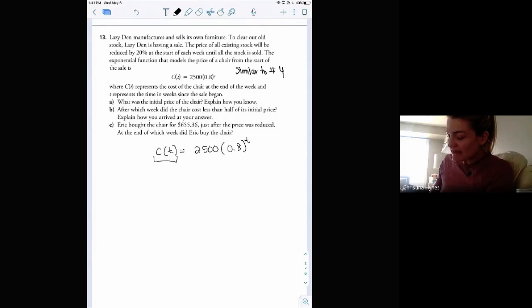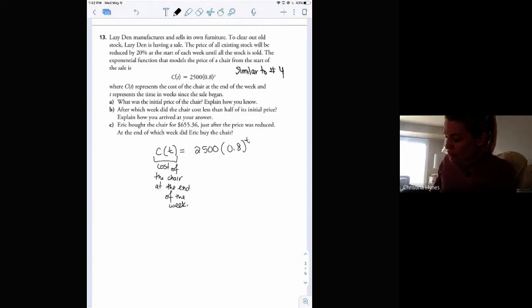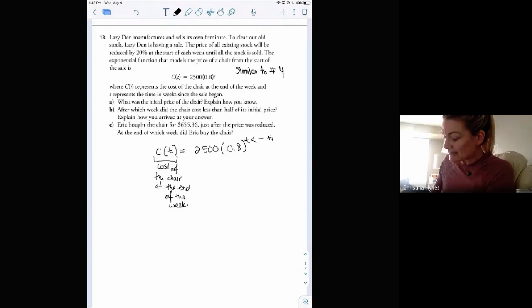So this C of t represents the cost of the chair at the end of the week. And then we know that t represents the time in weeks since the sale began.